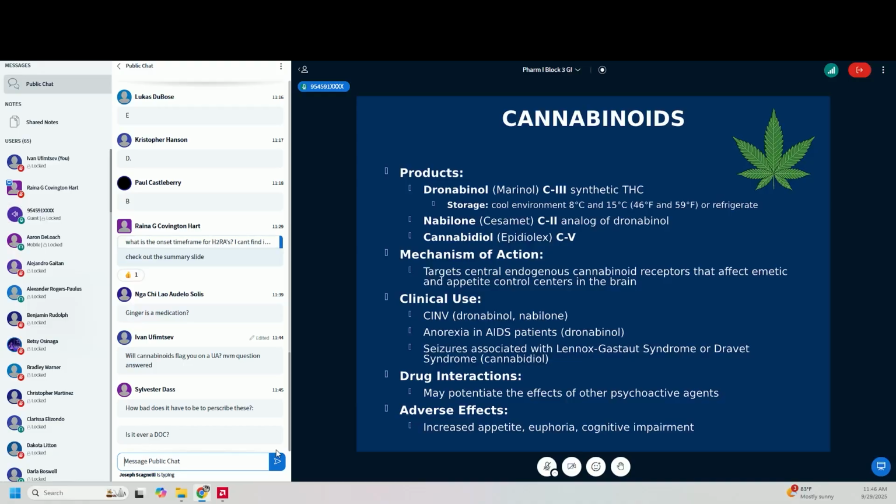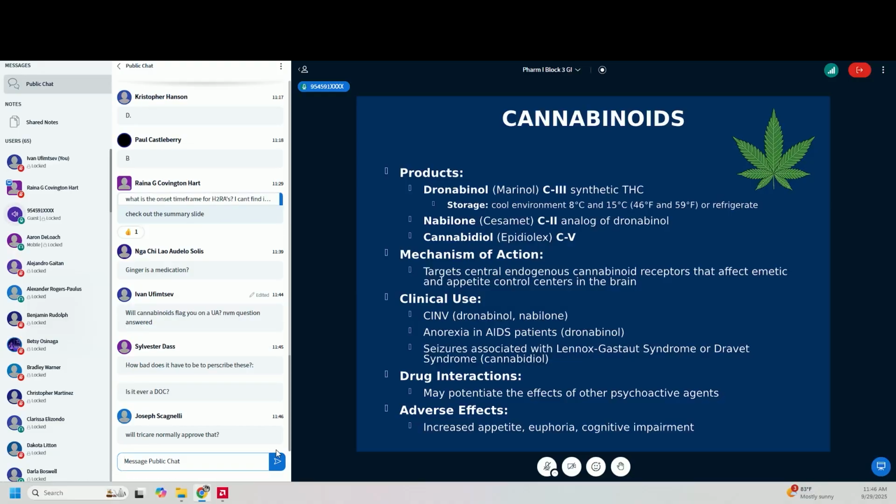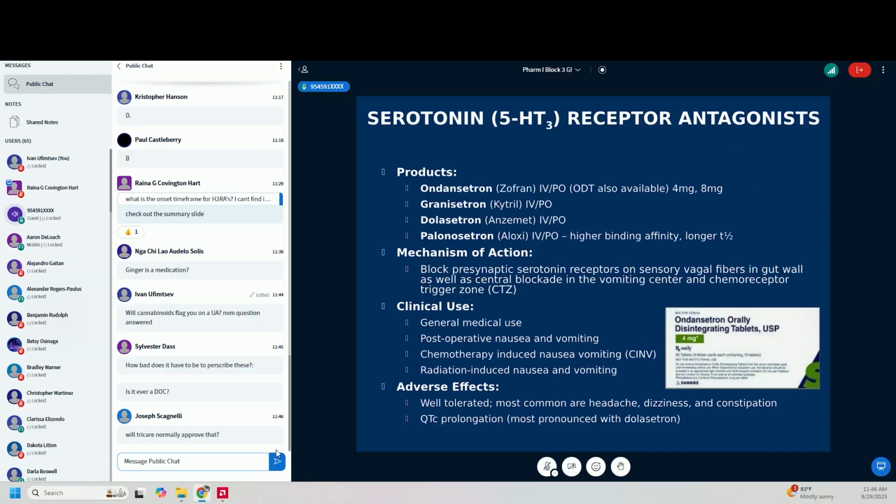Okay, so to answer your question, that's where you can see it as a drug of choice, but not necessarily, because there's so many other things that go into it. And TRICARE will approve this. This is on our formulary. Dronabinol was probably one of the first ones that was on our formulary. So yes, with that clinical indication, they will.